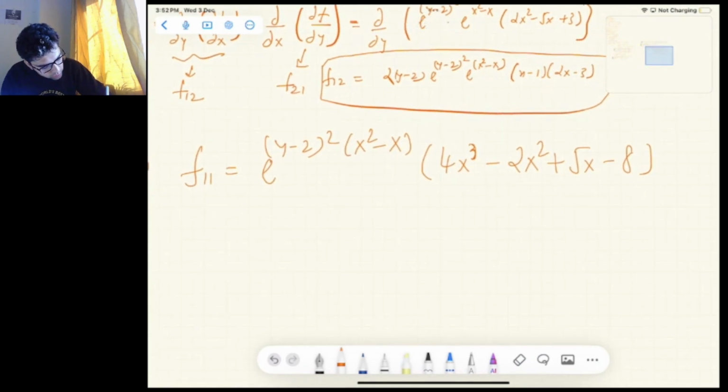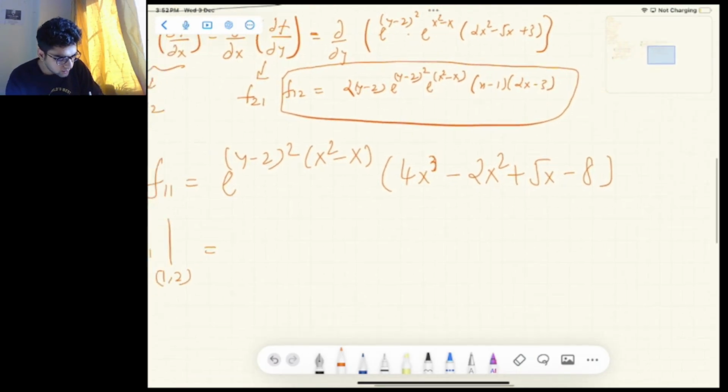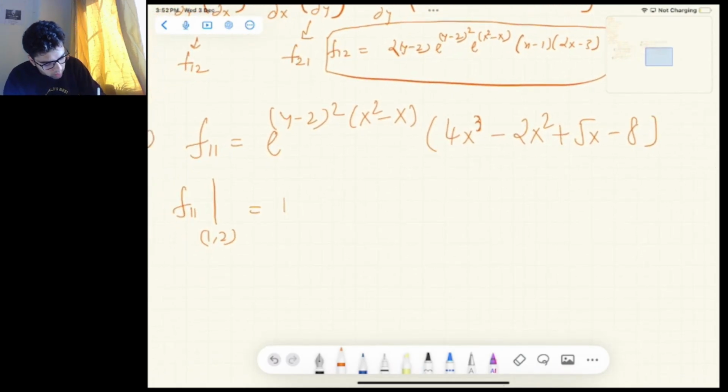If I substitute 2, I get 1, because 2 minus 2 becomes 0, so e to the power 0 is 1. Then if I substitute 1, this is e to the power x square minus x.